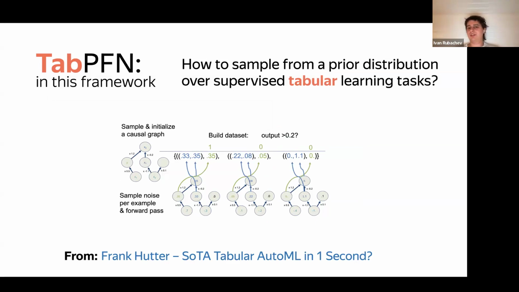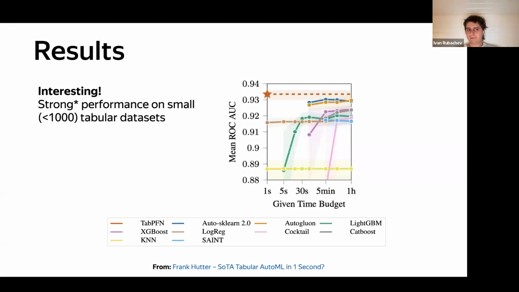The question is, are they any useful to actual tabular data prediction? The first version of the paper showed strong performance on small tabular datasets. Small datasets are datasets with less than 1,000 samples, and oftentimes much less, like in the first hundreds of samples.